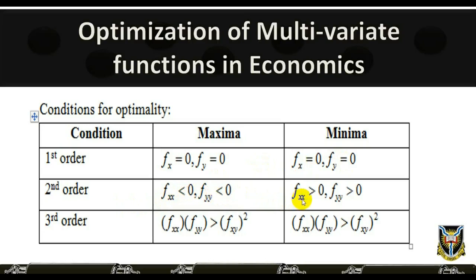Minima: f_xx greater than 0, f_yy greater than 0. Third order. Maxima: f_xx times f_yy greater than (f_xy) to power 2. Minima: f_xx times f_yy greater than (f_xy) all to power 2.